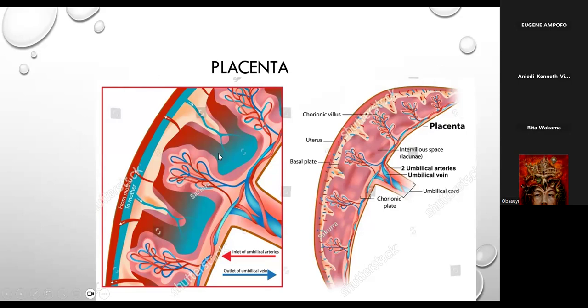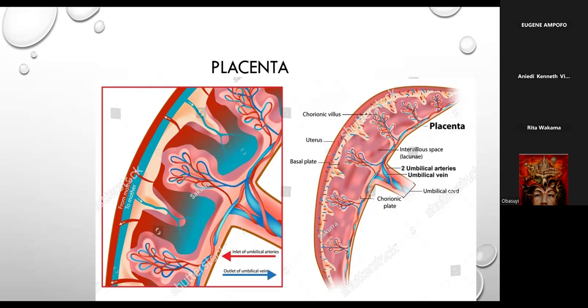Then the intervillous space is where exchanges occur. Then this is the maternal side, contributed by the decidua basalis, the maternal blood vessels in the maternal wall. This is where gaseous exchange occurs and nutrients are taken up and then carried to the fetus.